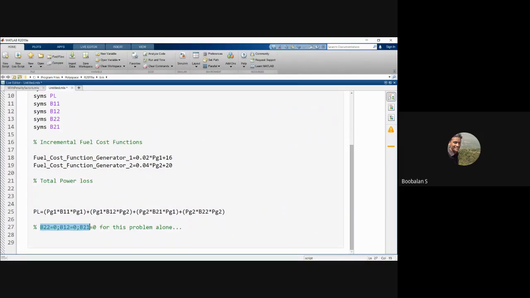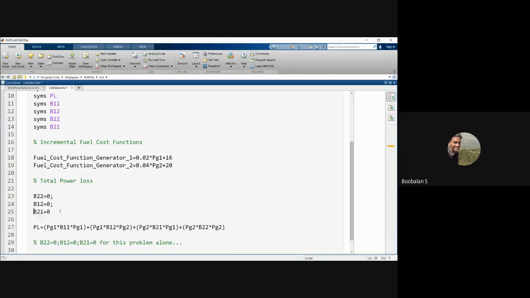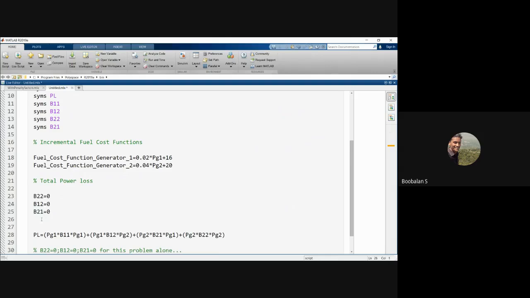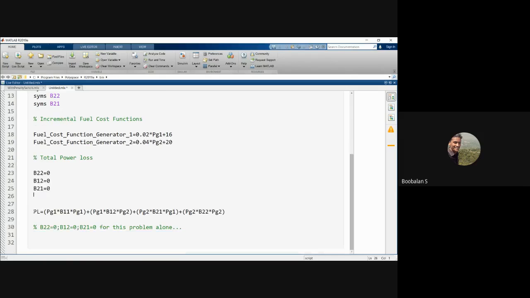So now I'm going to copy, paste B20, B210, B120, and PG2 is also 0, right? Now we'll try capital PG2. I think no need to create it. Once again, we'll verify with that. Once again we need to run it, then only it will calculate, I guess.